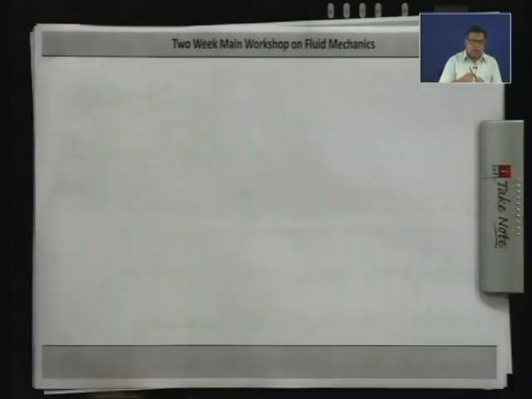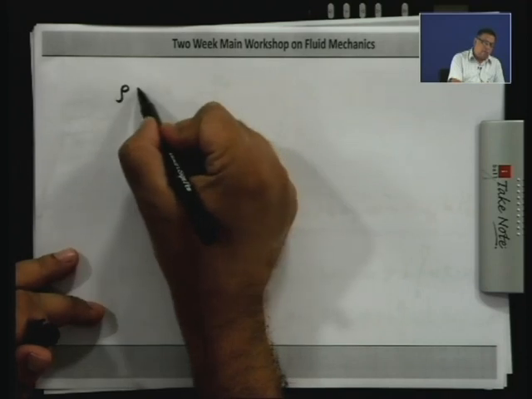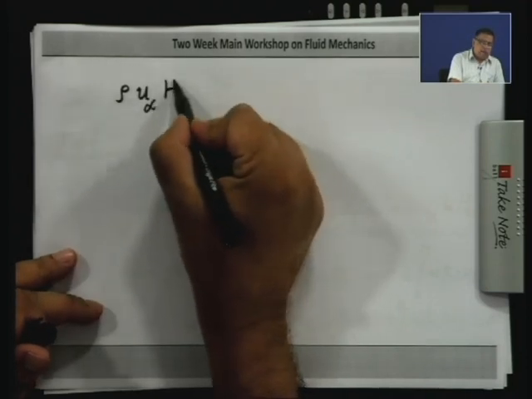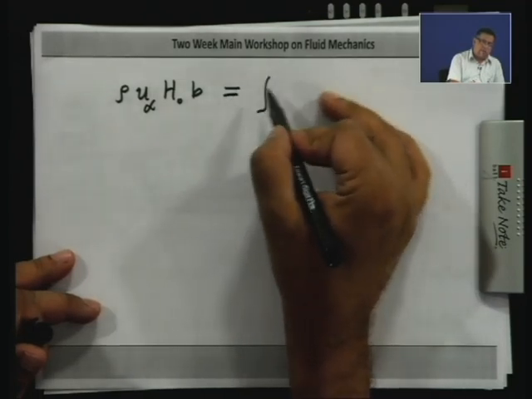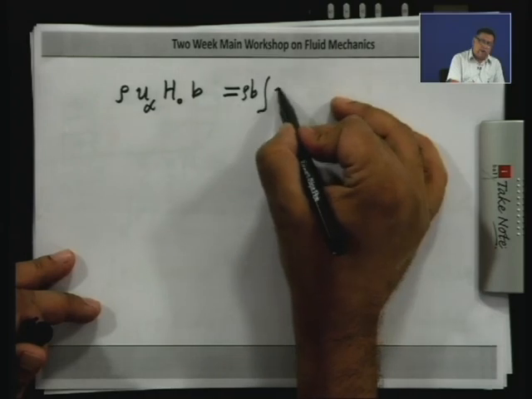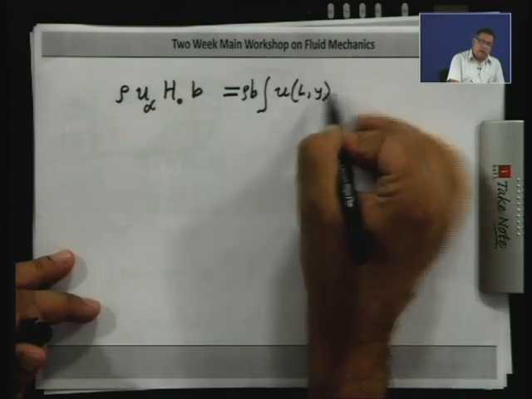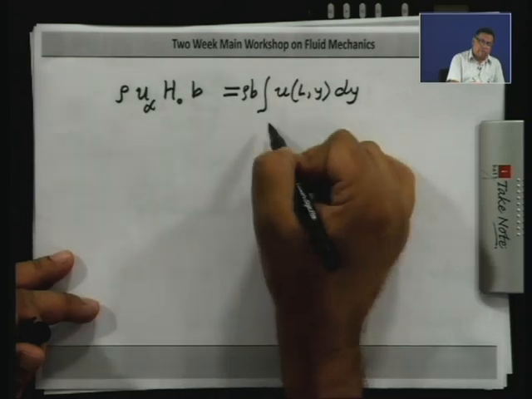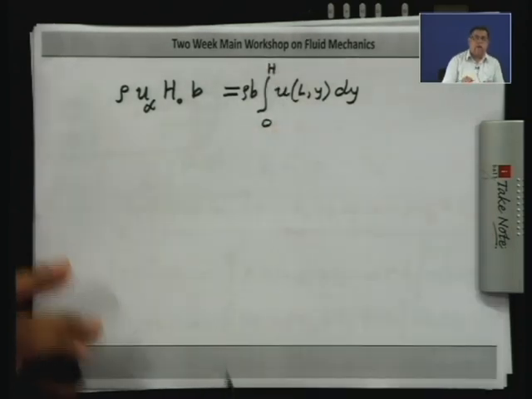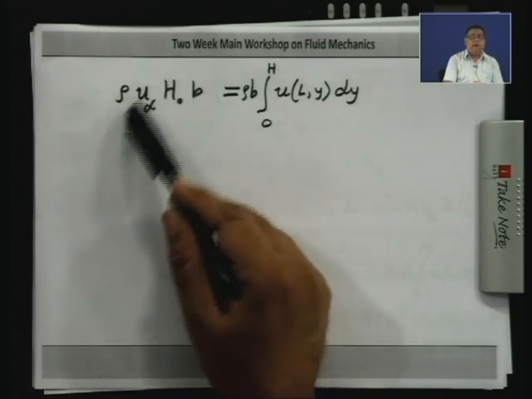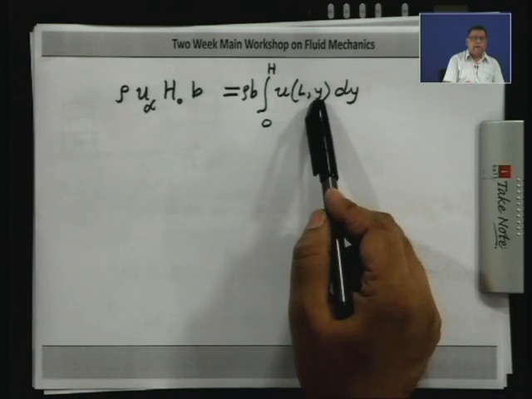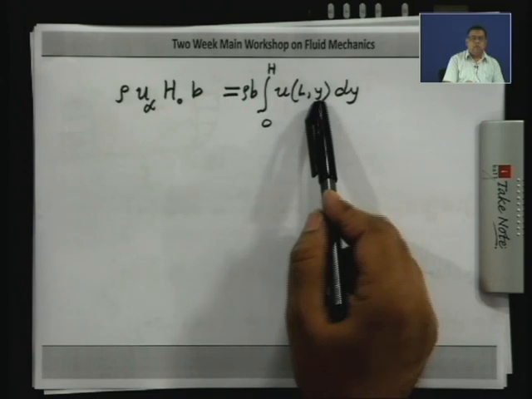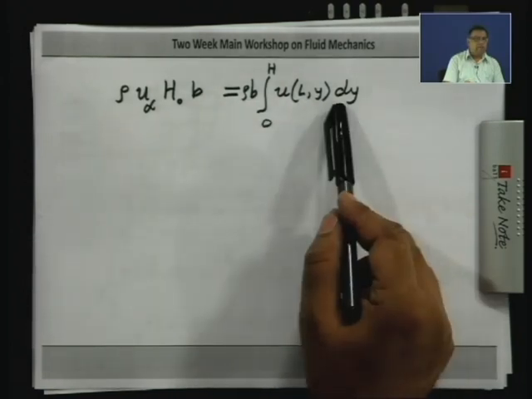So, you can also write it in the form that rho u infinity h naught into b is equal to the integral of rho b u of L comma y dy. The left hand side is the net mass flow rate into the control volume through surface 1, and the right hand side is the net mass flow rate leaving the control volume through surface 3. So, mass flow rate in is equal to mass flow rate out. This is another way of looking at it.